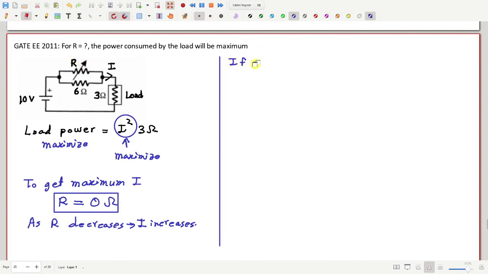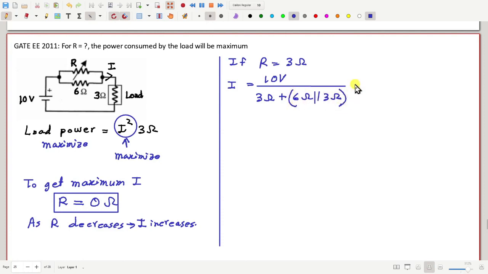If R is equal to 3 ohm, then how much will be I? I will be 10 volt divided by 3 ohm plus 6 parallel 3. This is 10 by 3 plus 3 into 6 by 9, 2 ampere.